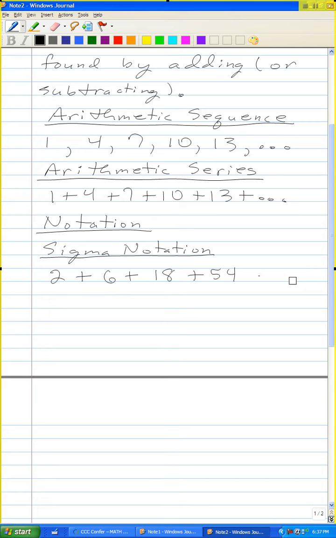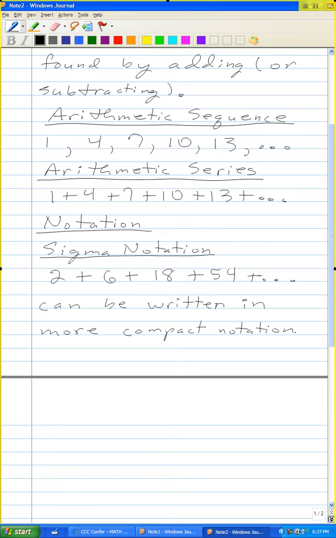Notice that in this case, the next term that I'm adding is always going to be 3 times what the previous one was. So there could be a way to simplify this. Can this be written in more compact notation?